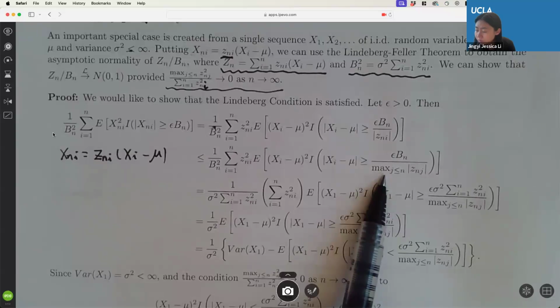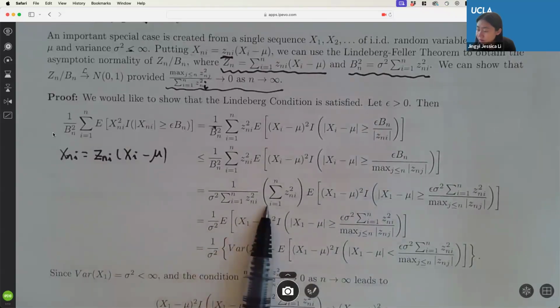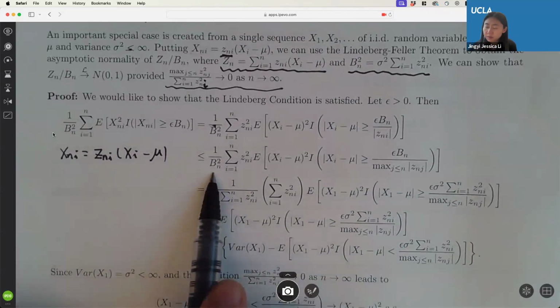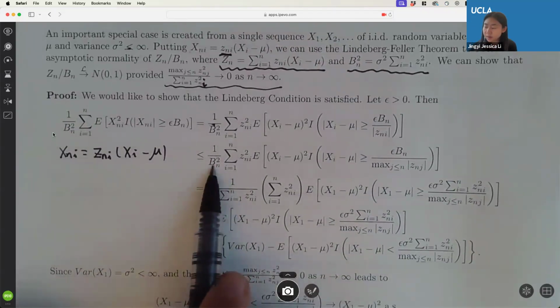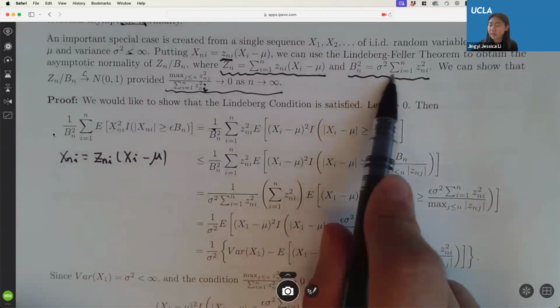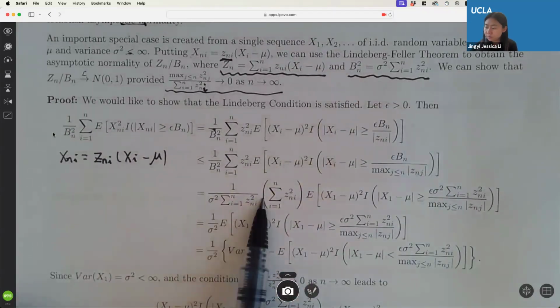And also, here, what we are doing is, if you think about this bn squared, we are doing a replacement. We just replace bn squared by its form because in this special case, bn squared takes this form. We just put this form in.